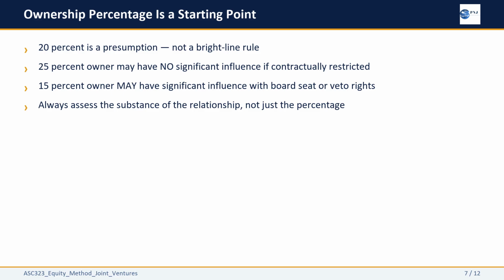That investor may have no significant influence at all. On the other hand, a 15% owner who sits on the board, participates in key policy decisions, and has veto rights over major transactions almost certainly has significant influence. Always look at the substance of the relationship, not just the number on the stock certificate.